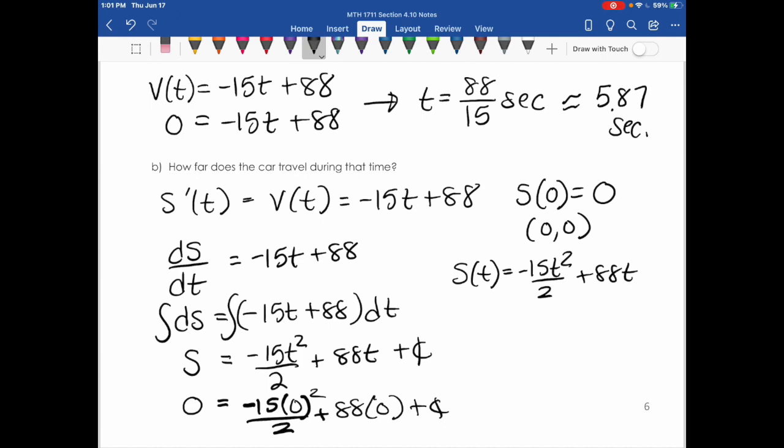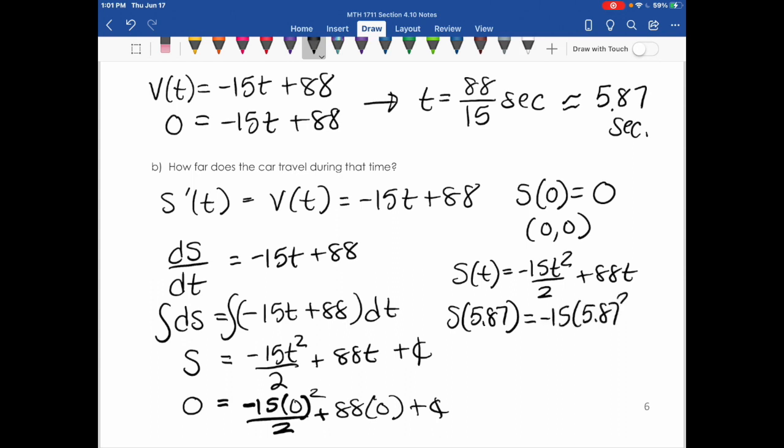Now, if we want to figure out how far the car has traveled before the car came to a stop, we knew that took 88 over 15 seconds, which is approximately 5.87. So we can put in 5.87 seconds in for t and find out how far the car traveled when it came to a stop.